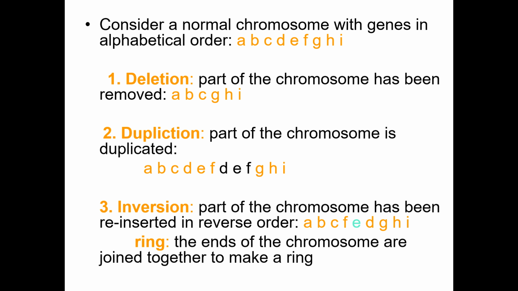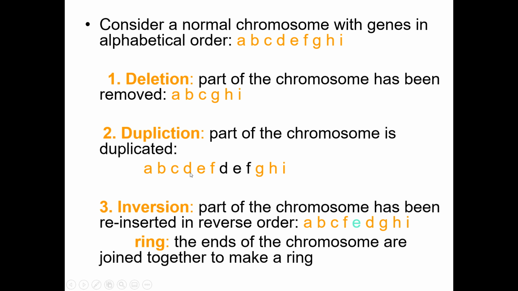Second one is the duplication. A part of the chromosome is duplicated. An additional piece has been joined. See, A, B, C, D, E, F. After that, again three more genes, D, E, F, which have been lost from the deleted chromosome, have joined here in a different order.